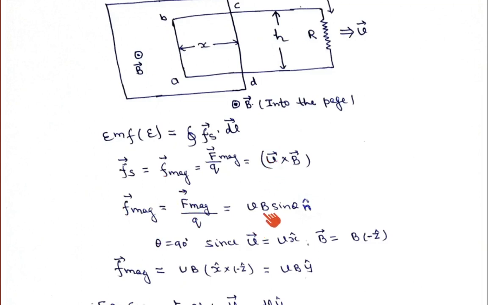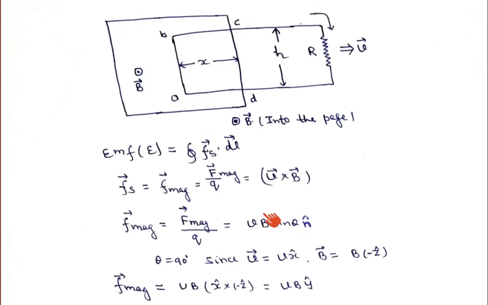Let us assume that in the circuit this is the x direction, and the wire AB is extended in the y direction. Let us assume that pointing out of the page is the z direction, so pointing into the page is the minus z direction.